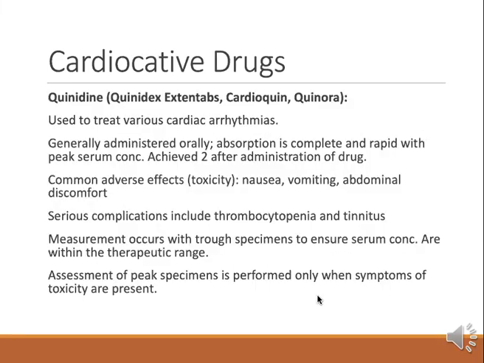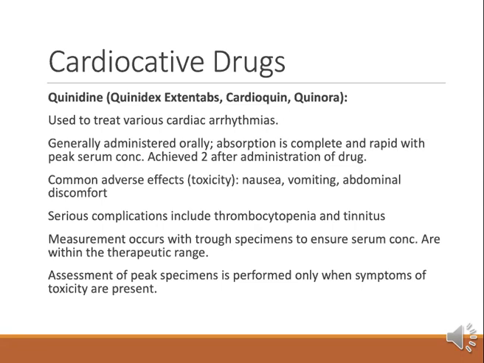Another example are the quinidine drugs, the Quinidex Extentabs, also known as Cardioquin or Quinora, but these are quinidine. These are used to treat various cardiac arrhythmias. They are generally administered orally.